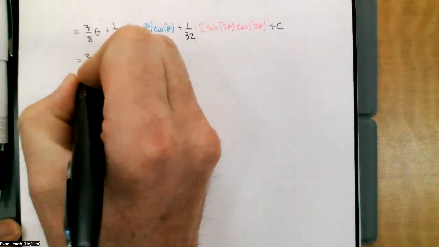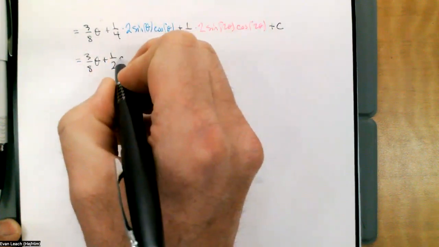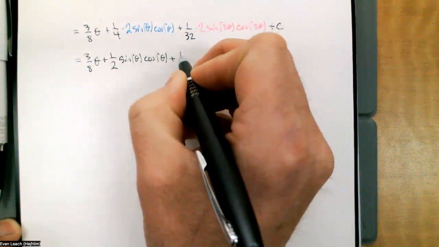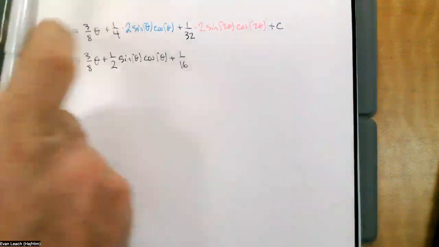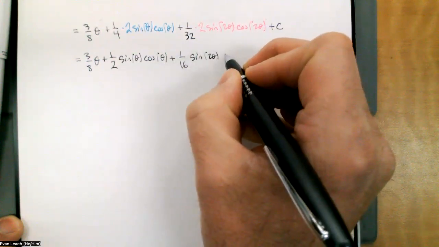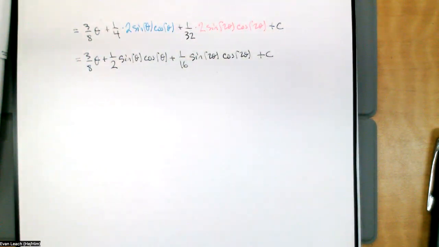We got a 3/8 theta, then I got a 1/2 sine theta cosine theta, plus a 1/16 sine of 2 theta cosine of 2 theta, plus C. And then we just double angle identity yet again on our sine of 2 theta and our cosine of 2 theta.